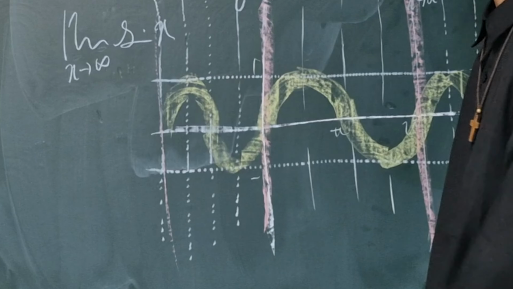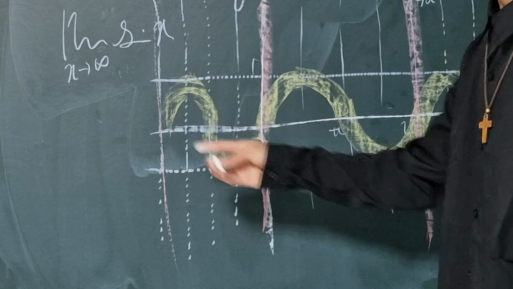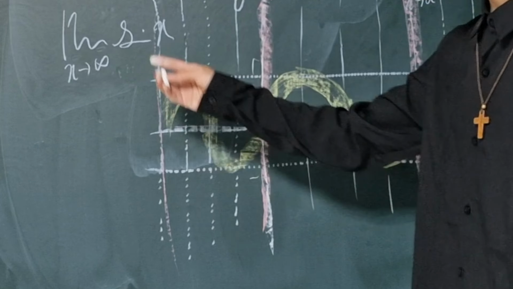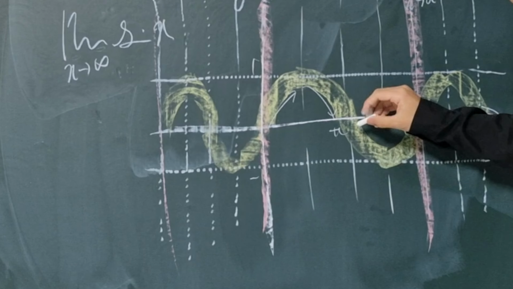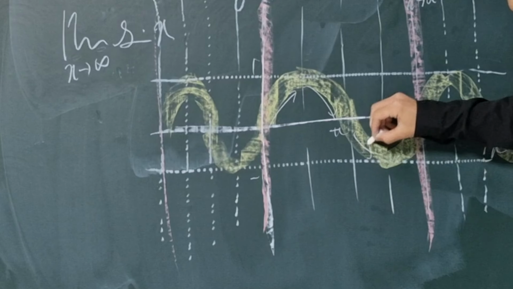Anyways, to get back to the topic, what is happening to sine x as x is approaching infinity? Let x get bigger and bigger and bigger. It is approaching 1. No, it is approaching 0. Wait, I think it's -1. Isn't it 0 again? No, I think it's 1.